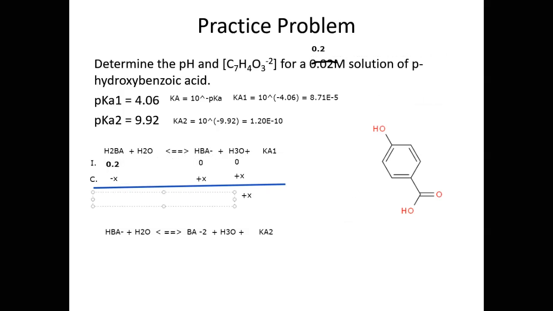So at equilibrium, now 10 to the negative 1 divided by 10 to the negative 5 is 10,000 times difference between the two. So now we can for sure negate this minus x.